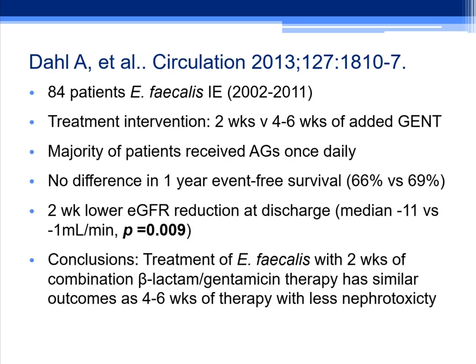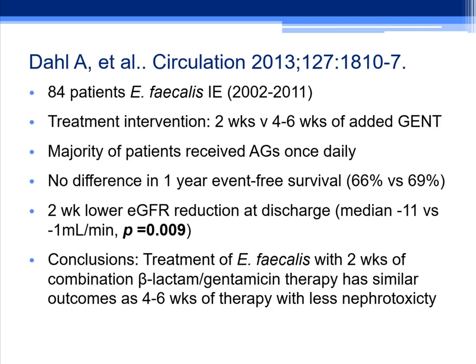And then one additional study actually took them head-to-head, 2 weeks versus 4 to 6 weeks of Gent, in Circulation 2013. To help with this, the majority of patients did receive once daily aminoglycosides instead of the traditional 3 times daily. And then when you looked at the 1-year event-free survival, they were comparable.